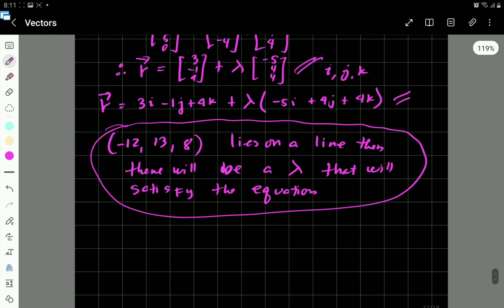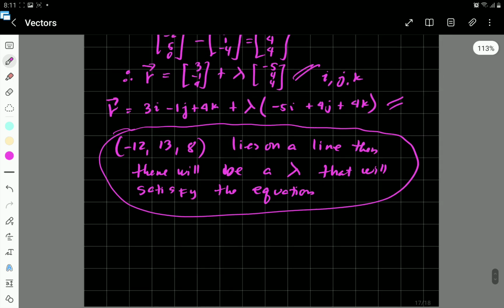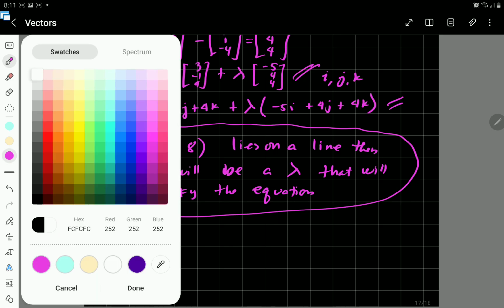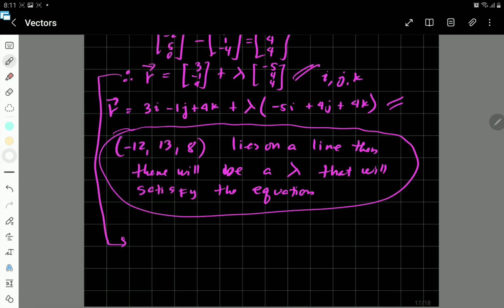Just to make it clear, again, this r is any vector x, y, z. In our case, that is your negative 12, 13, 8.